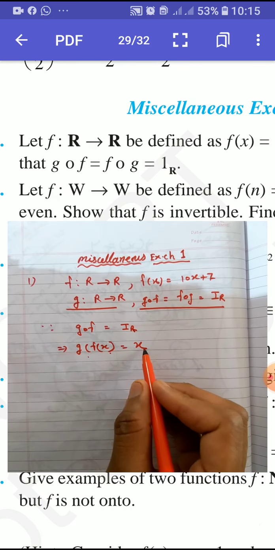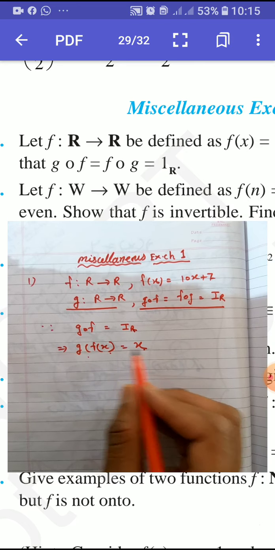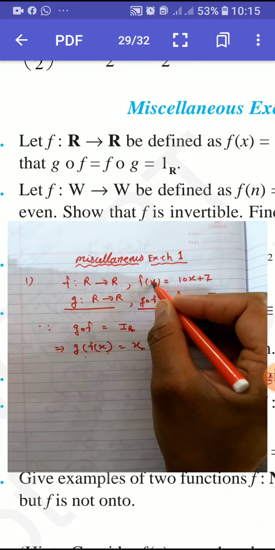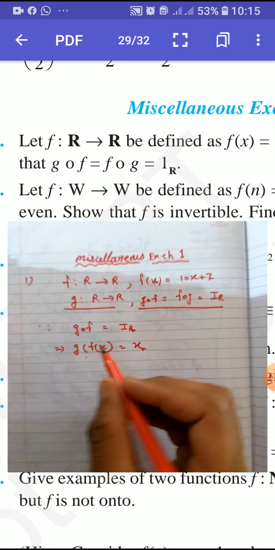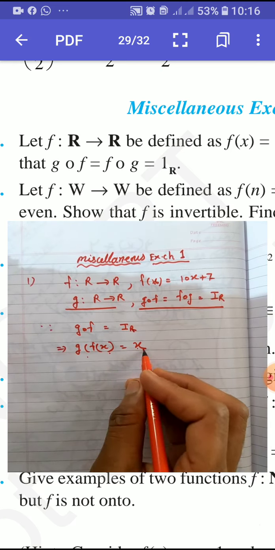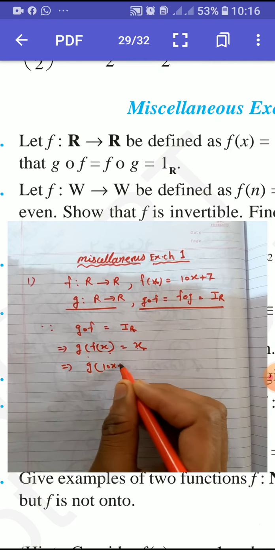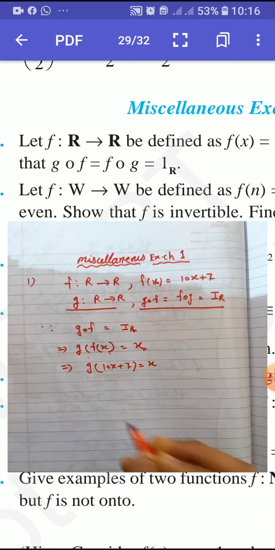Why are you taking x? Because the domain of function f, the independent variable, is x. So g(f(x)) = x implies g(10x + 7) = x.